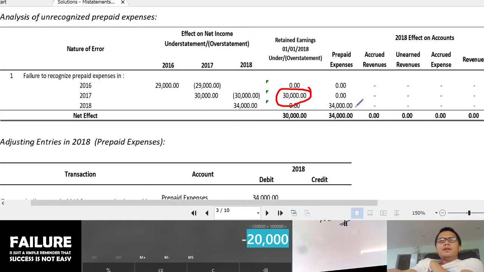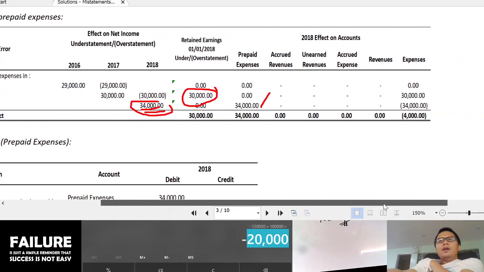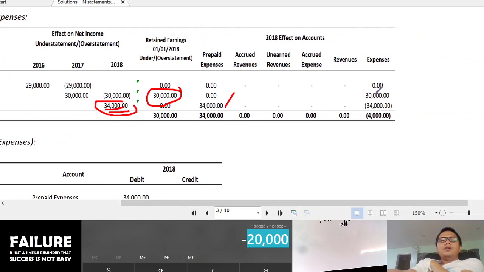The prepaid expenses have an understatement of 34, which pertains to 2018. And for your expense, we have a net overstatement of 4,000. This is the effect of that error in 2017.